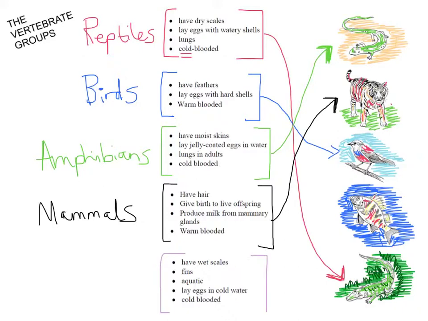Wet scales. I mean, the scales says it all, really. Fins, aquatic organisms, so live in water, lay eggs in cold water, and are thus cold-blooded. This is our final group, and this group represents the fish.